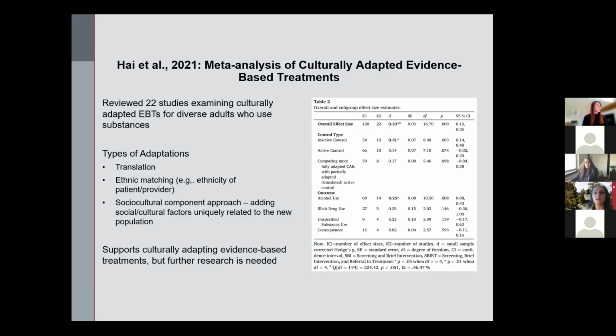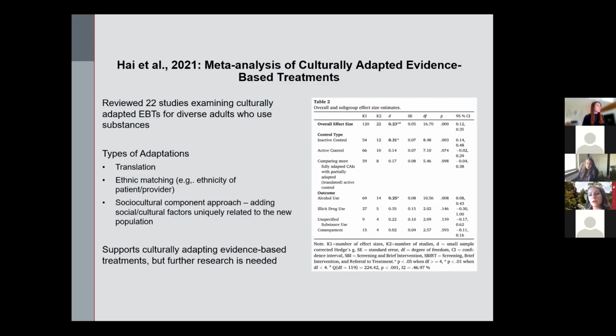So this meta-analysis was not just specific to Native communities, but it included studies from folks from Africa, Asia, and then in the US, the population was primarily Indigenous, Hispanic, and Latinx. So as we can see, this study demonstrated a small effect size for culturally adapted interventions overall. It was small specifically for alcohol, and then a little bit larger when comparing to essentially no treatment at all.